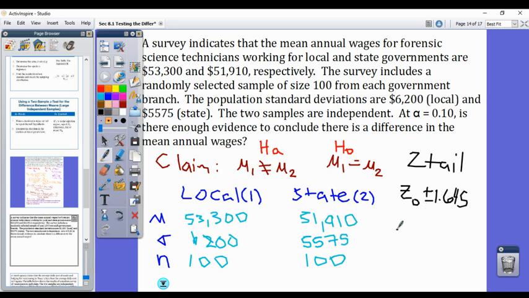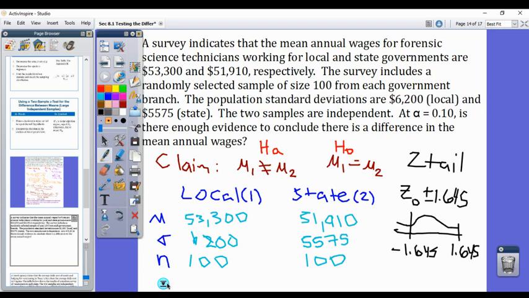Okay. So again, just like the last example, we're going to have two rejection regions, to the left of negative 1.645 and to the right of the positive.